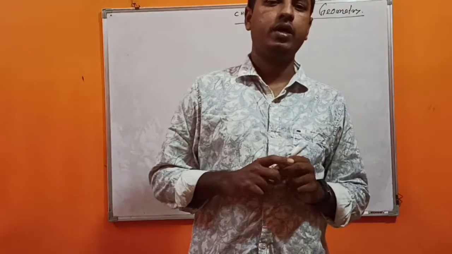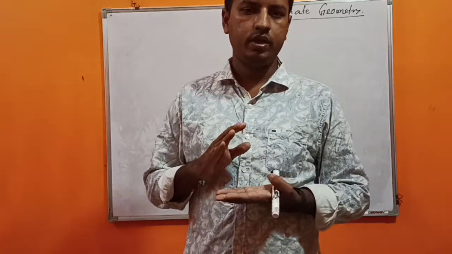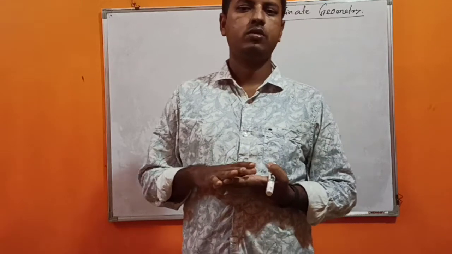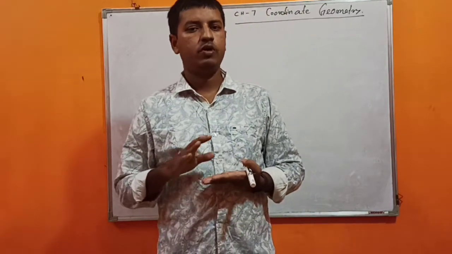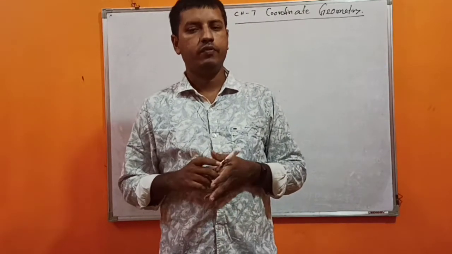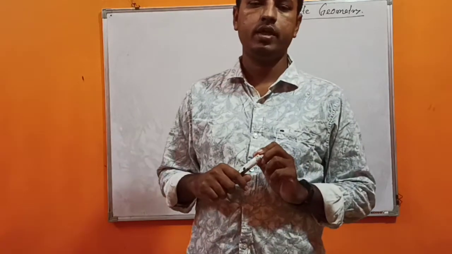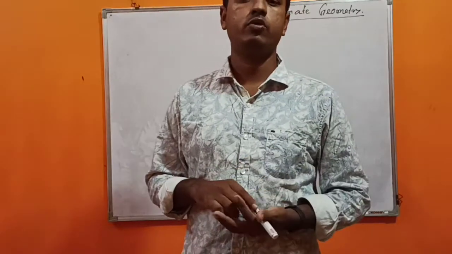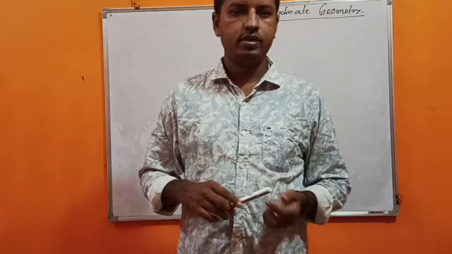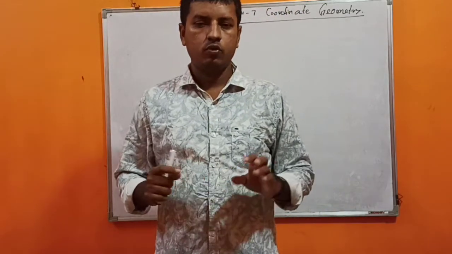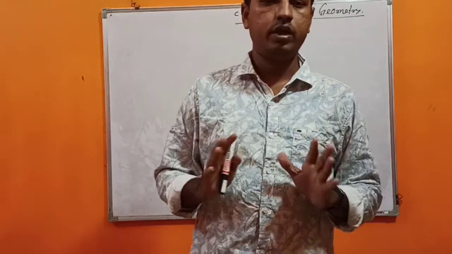We will have to find whether 3 given points will be linear, that is collinear, or not. And a few more questions we will solve in exercise 7.1, 7.2 and 7.3. So let's stay with me. We will start coordinate geometry.